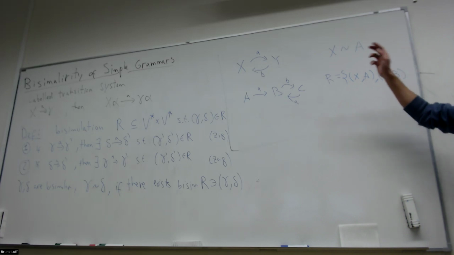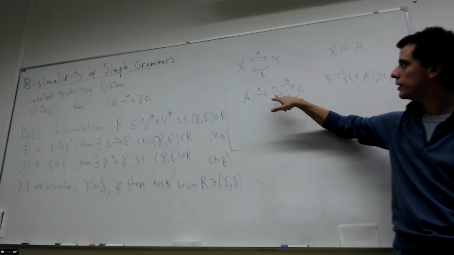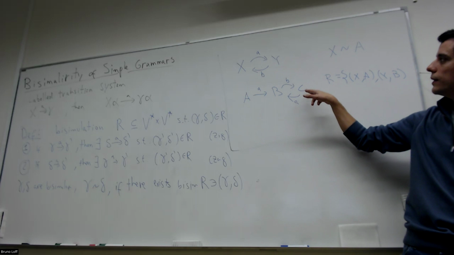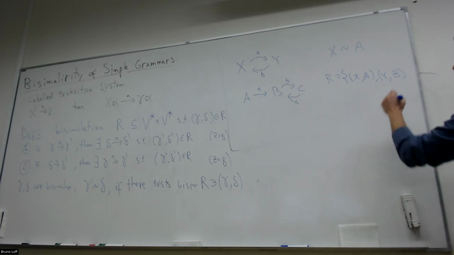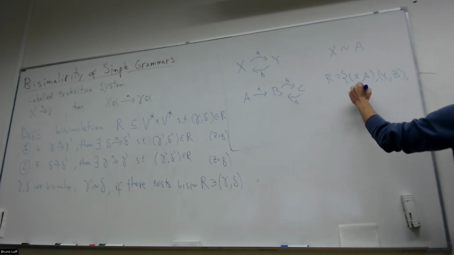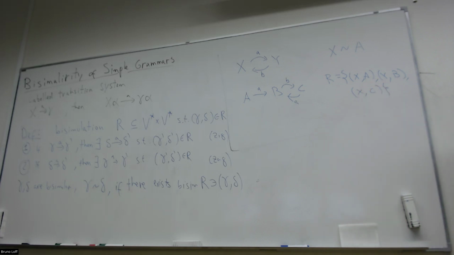Now y has a transition by small b, and b also has a transition by small b. One goes to x, the other goes to c, so you can just add x and c. So this R will satisfy both properties and witness that x is bisimilar to a. This is not the whole bisimulation, because technically a bisimulation is about words of non-terminals, not just non-terminals, but you get it. You just care about finding one bisimulation.